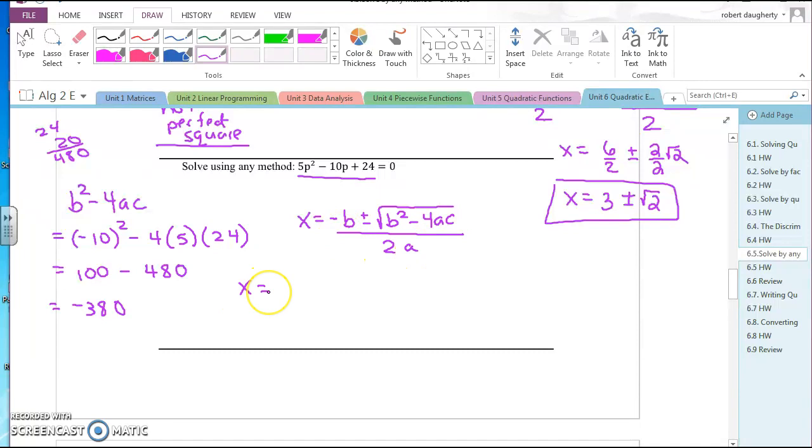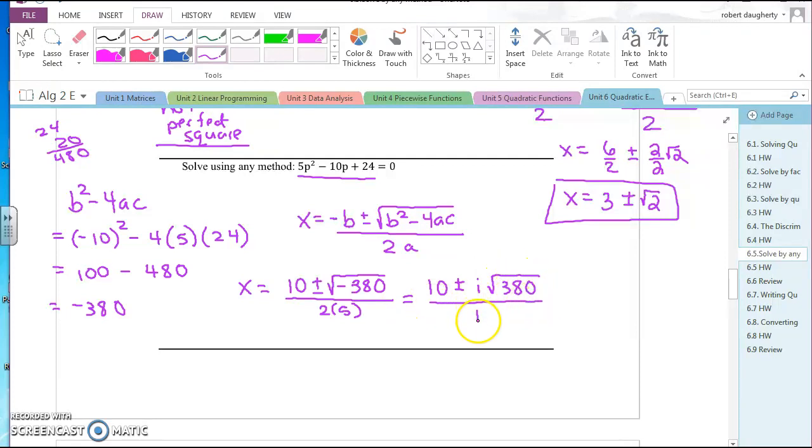So x is equal to negative b, that's going to be 10 plus or minus the square root of negative 380, all of that over 2a, so that's 2 times 5. So that is 10 plus or minus i times the square root of 380, all of that over 10.